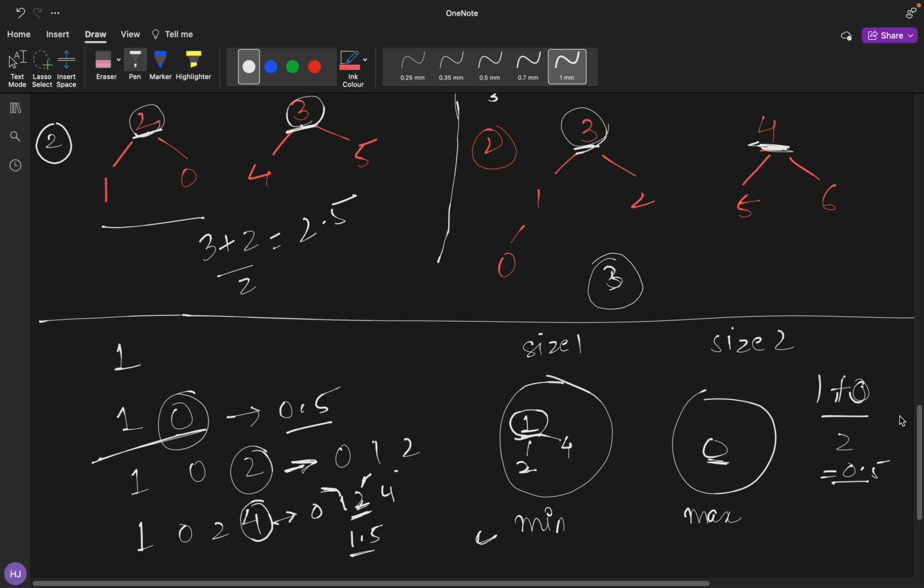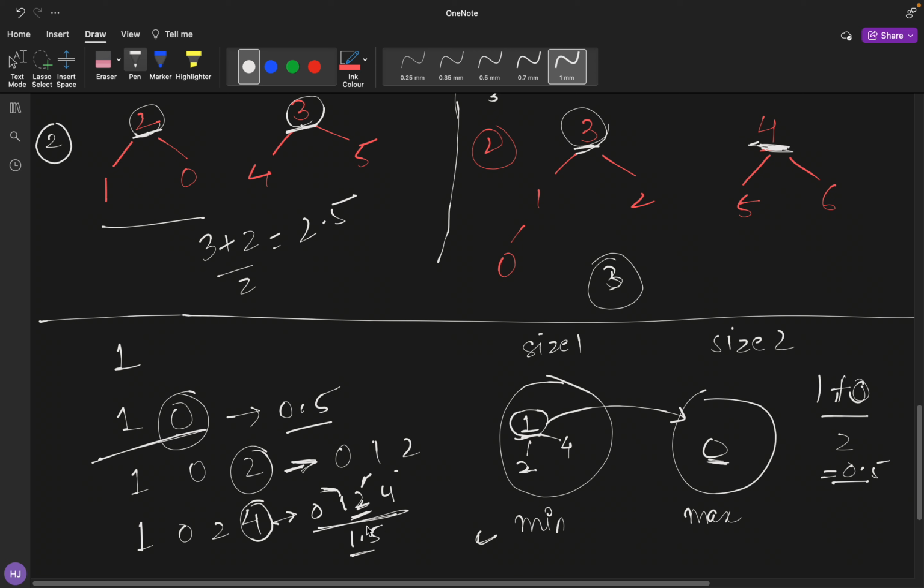So my answer is wrong. Where has my answer actually gone wrong? The presence of 1 in the min heap has made my answer wrong. Because we have to find the middle, 1 is a value which, as per the order of our data stream, should be at the middle.